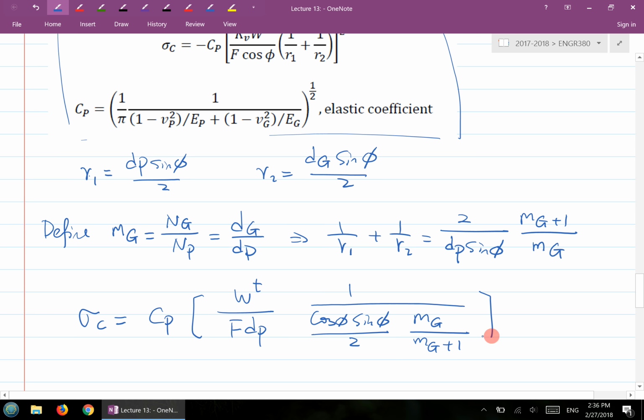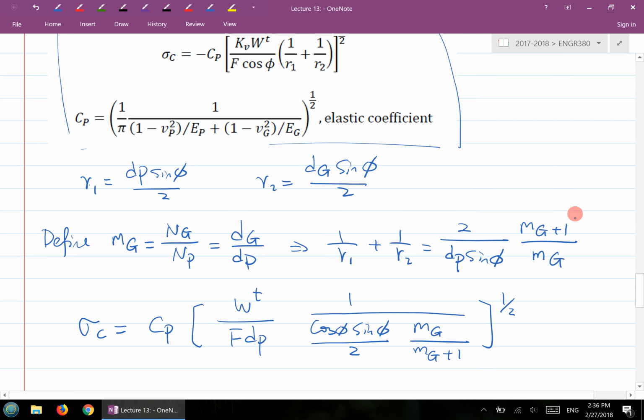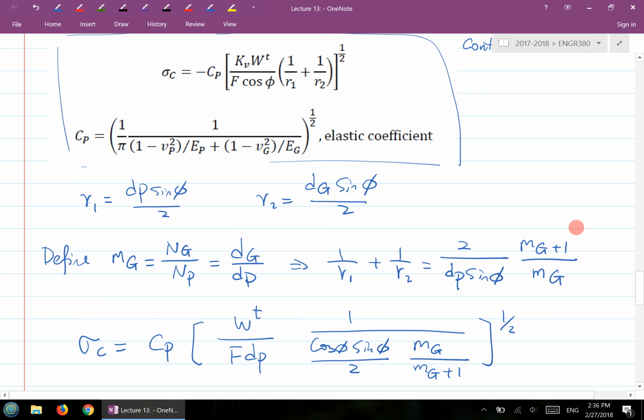Okay, sorry. This one here? No, this is the pitch diameter for the pinion. Not diametral pitch, which is capital P, right? Yeah, this is the pitch diameter.